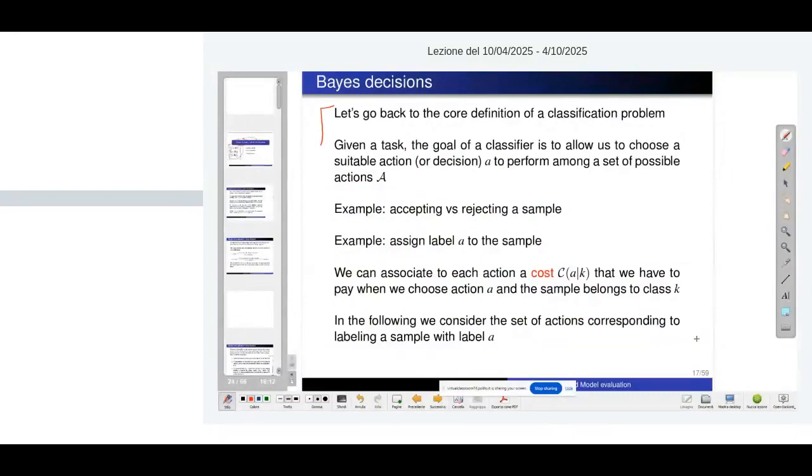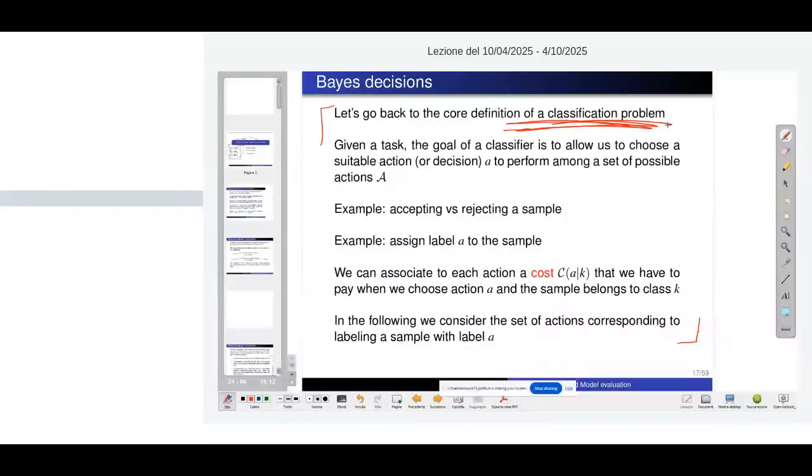Now, to derive all this information, let's start with some definitions, introducing some formulas that you all like. We start by going back and defining what we want to solve when we solve a classification problem.